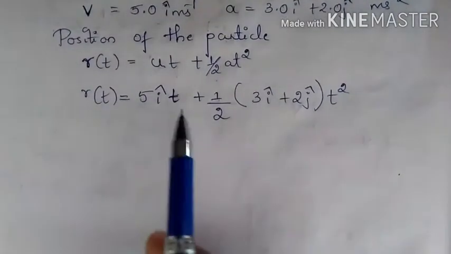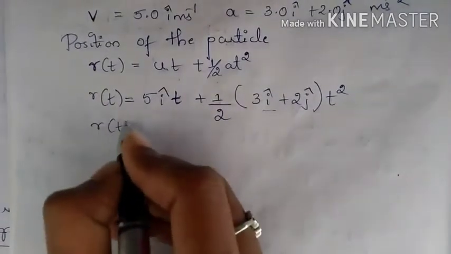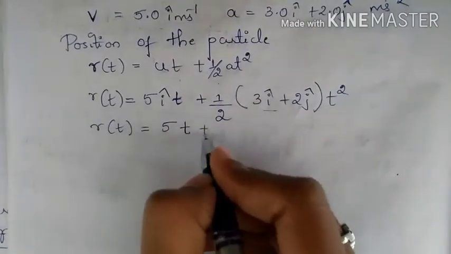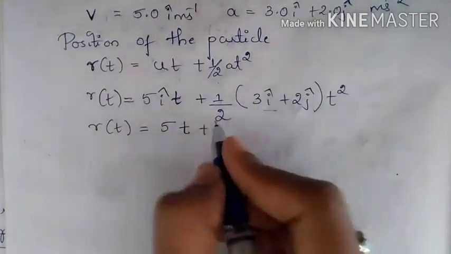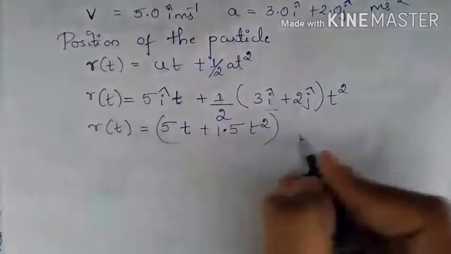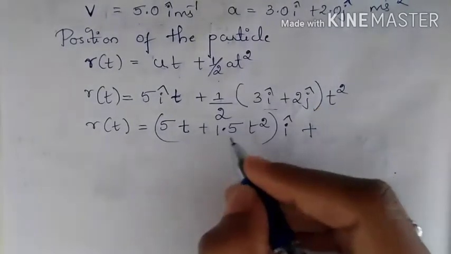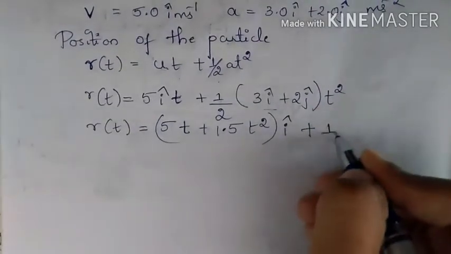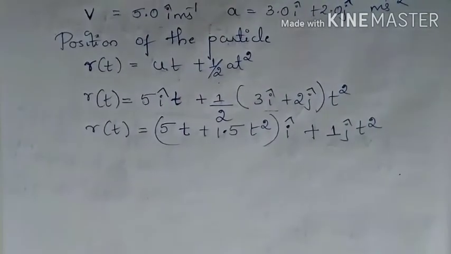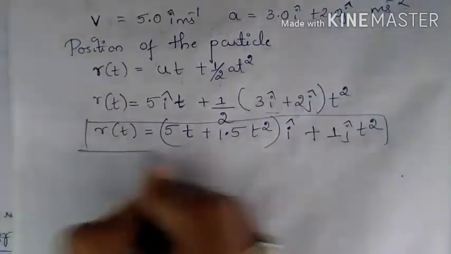Now separate the i cap terms. r of t is equal to 5t plus 3 divided by 2, which is 1.5 t square, multiplied by i cap, plus the 2 gets cancelled with the half, what remains is 1 j cap t square. So this is r of t, the displacement of the particle.